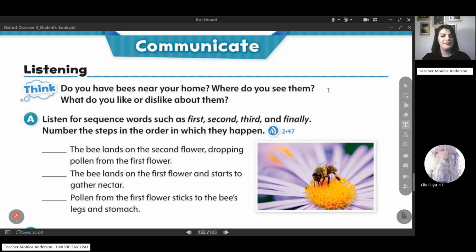In this way, the bee pollinates the flower, and seeds and fruit can begin to grow. There are other insects that pollinate flowers, but the bee is the most important one. The next time you see a bee buzzing around a flower, remember that it's doing a very important job.